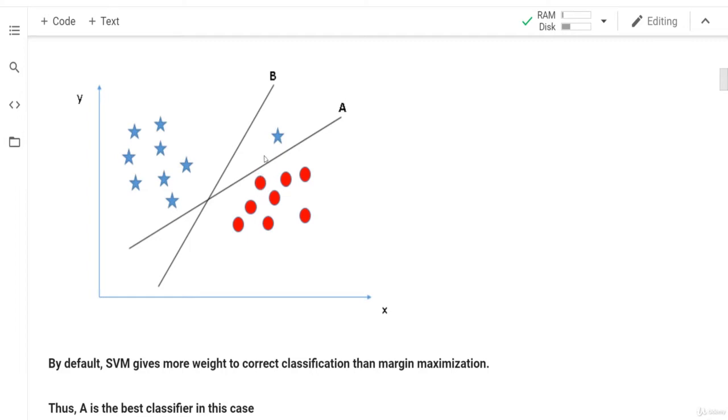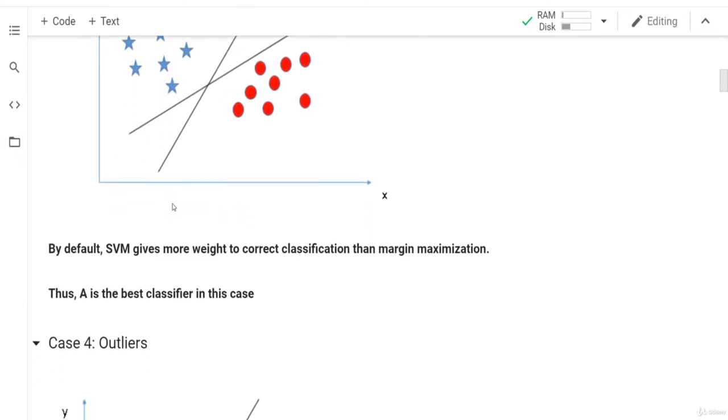So if we use SVM with the default hyperparameters, A is the one that will be chosen.